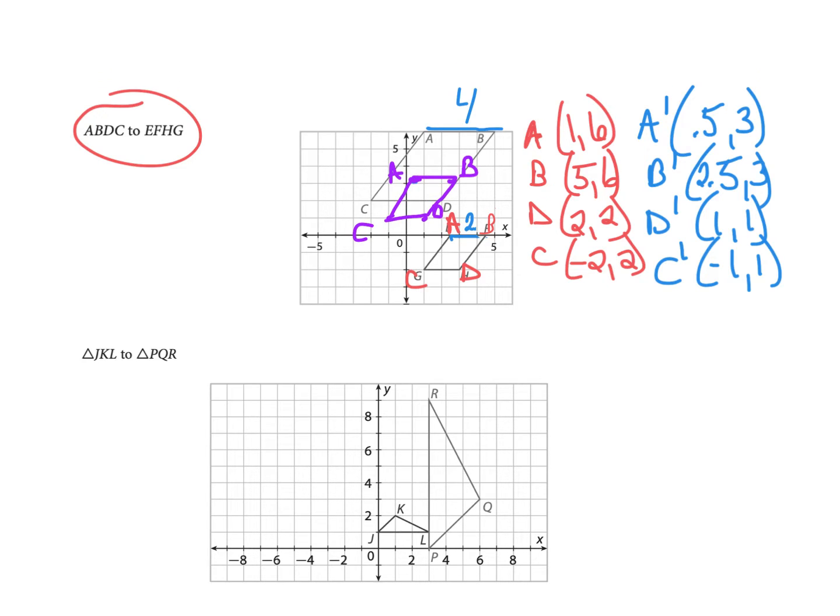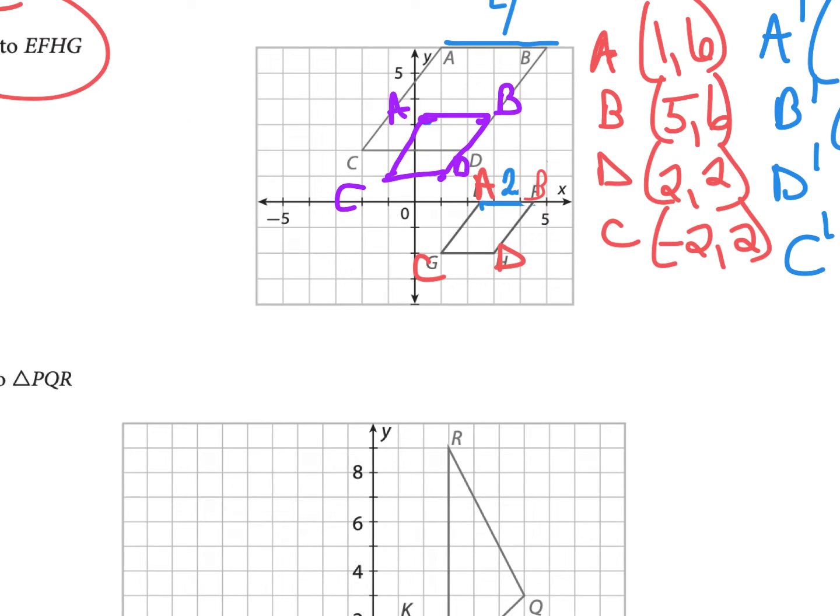Alright, now I see that my A, let's just look at A. He needs to come down 1, 2, 3, and over 1, 2. So that's a first (x, y) goes to (1/2 x, 1/2 y). It got smaller by 1/2.